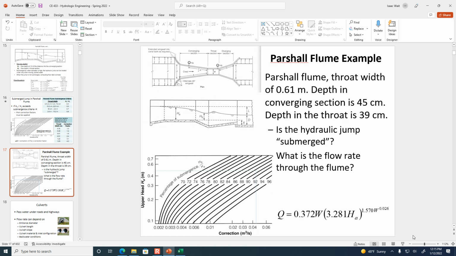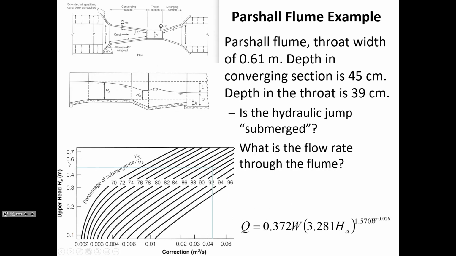Okay, now the way that we do that, you can see that I've already put in a horizontal line and a vertical line. The horizontal line is intercepting this left vertical axis where the H sub A is 0.45. This is a logarithmic axis, and so it's a little bit tricky to know exactly where to put that horizontal line, but it's further up than you might expect because it's logarithmic.